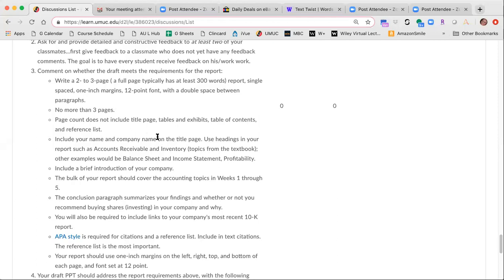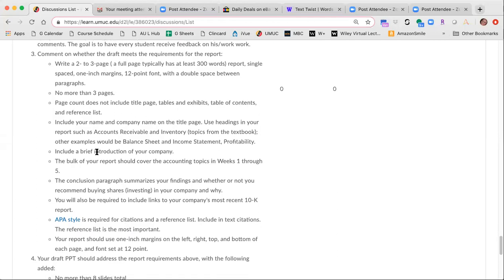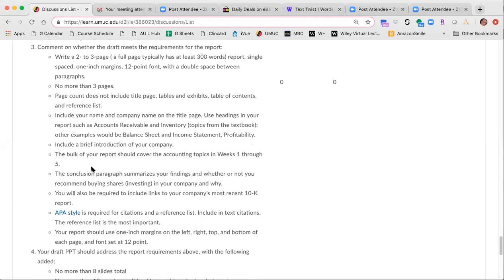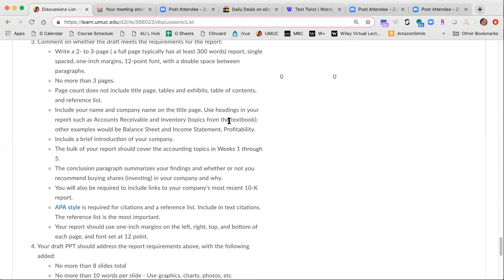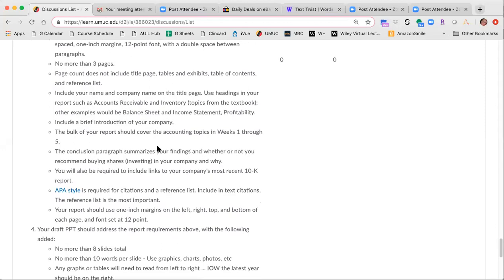You can reference them in your paper, but the written part needs to be no more than 3 pages. You will also have a cover page or title page, and that's not included in the 3 pages. But we have here the topics that we've covered from weeks 1 through 5.